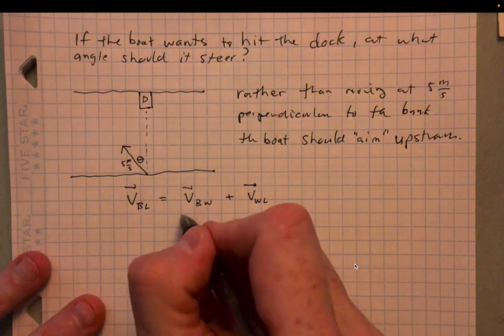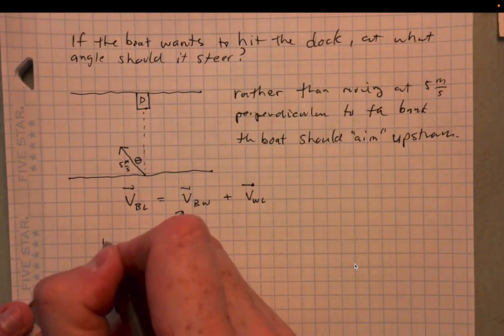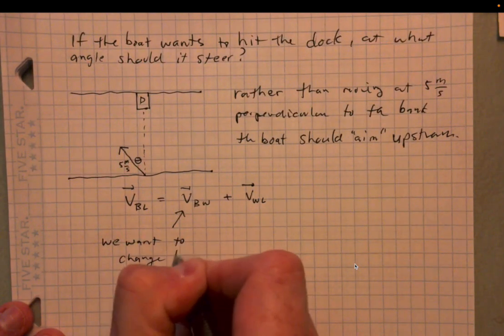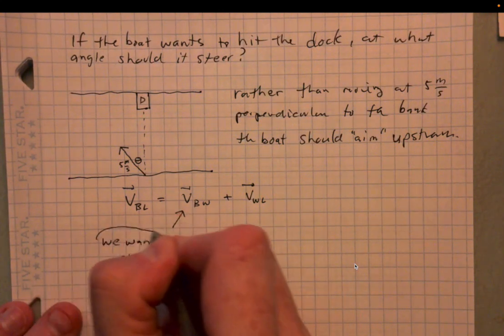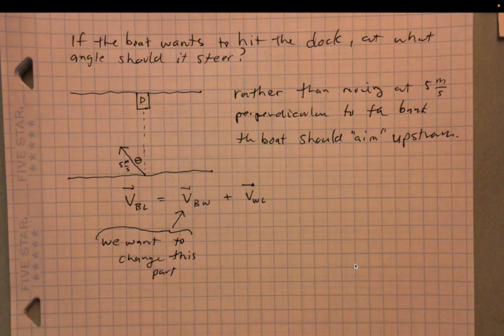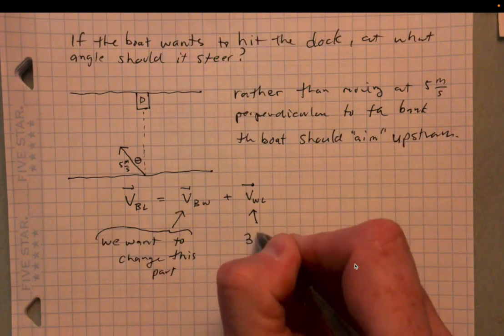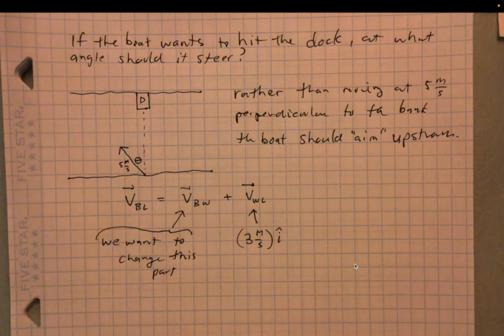Okay, so this part here specifically is what we want to change. This part here, we can't influence the velocity of the water relative to the land. That we're stuck with, and we said before that is 3 meters per second i hat, right?